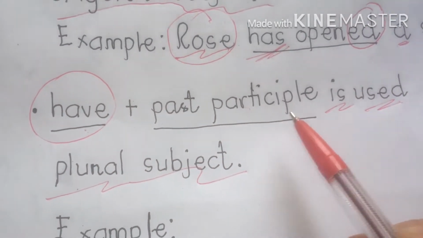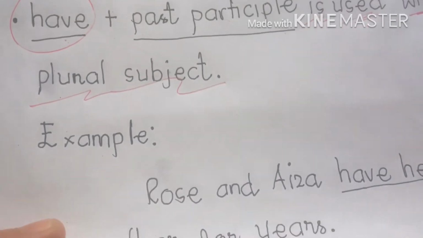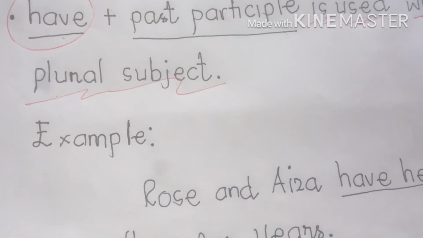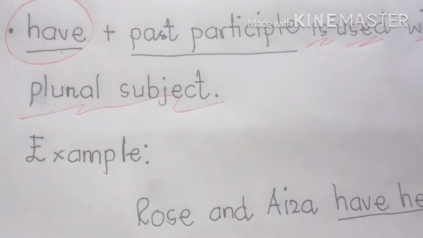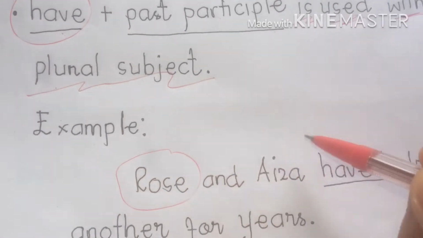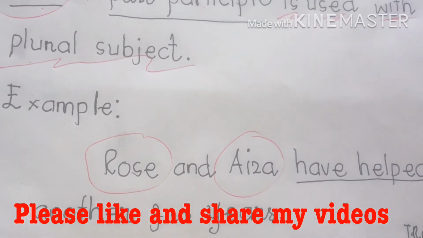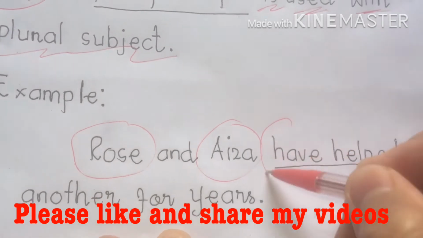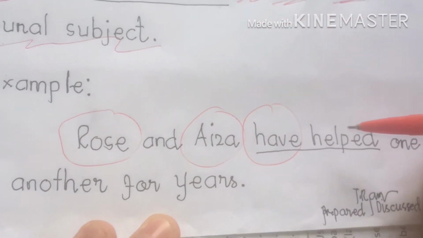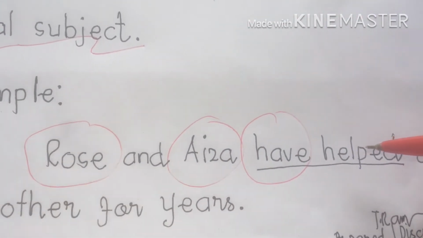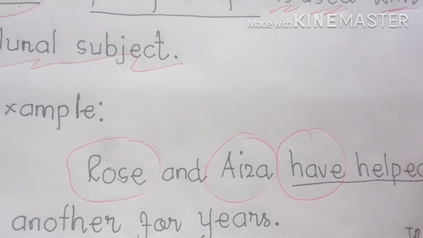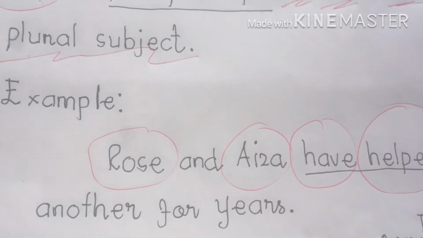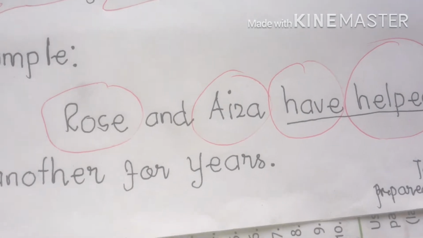And how can you do it? Of course, you are going to think of the right subject. But here I'm going to use Rose and Isa. So it's two subjects. That means to say I'll use have, because again, class, have is used with plural subjects. And of course, with the past participle of the verb, which is helped, with ed.